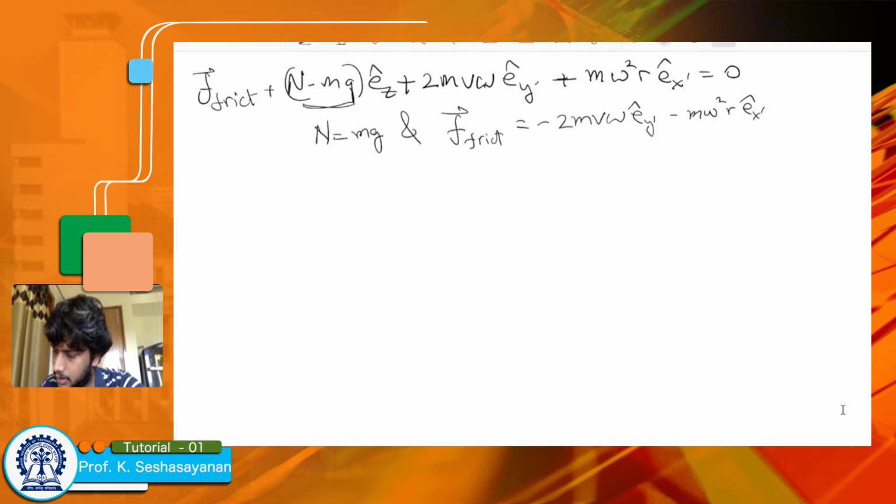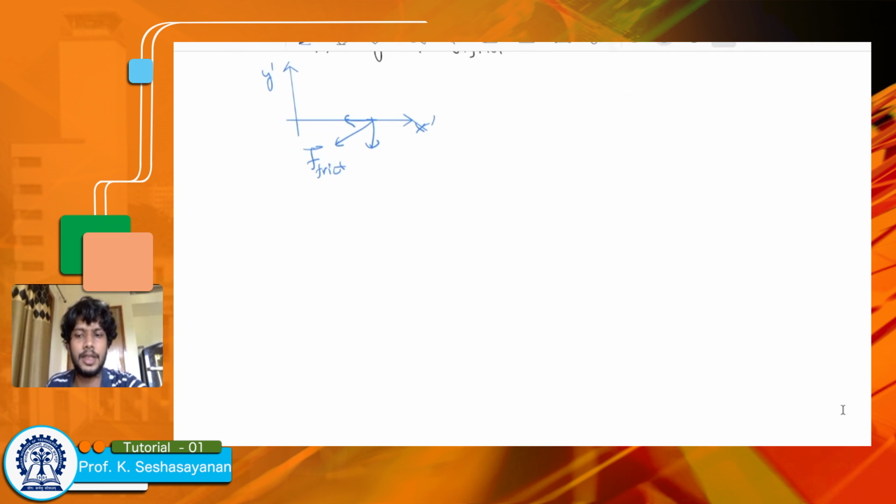So in the x prime y prime direction, we see that there's one component along the minus x prime direction, one in the minus y prime direction. So you have f frictional acting along this direction.